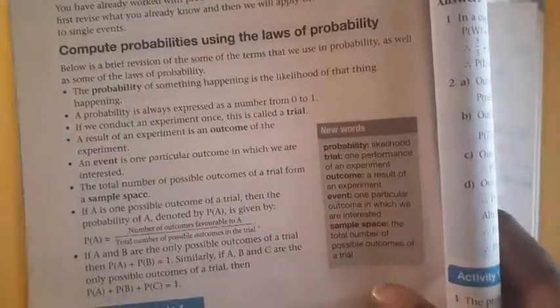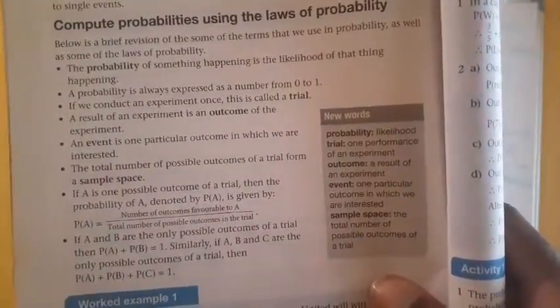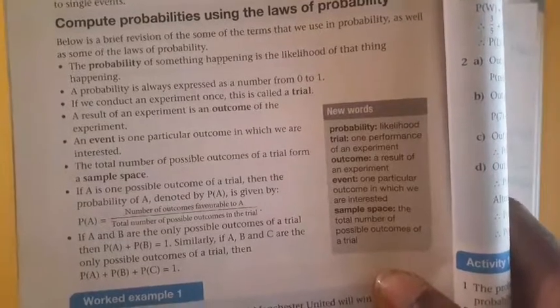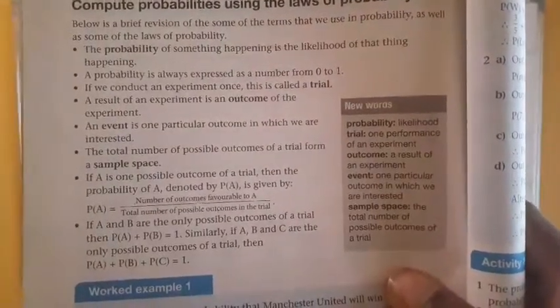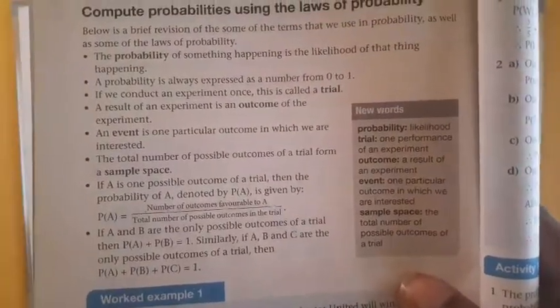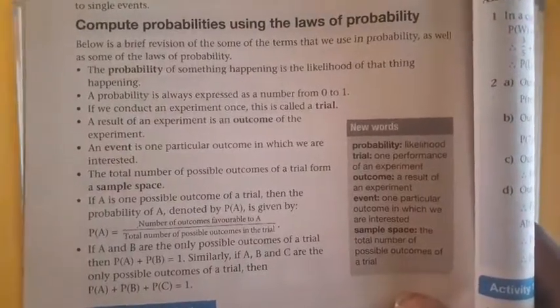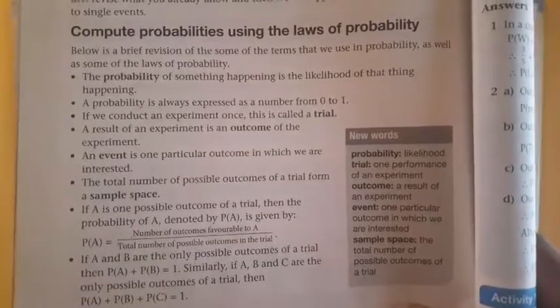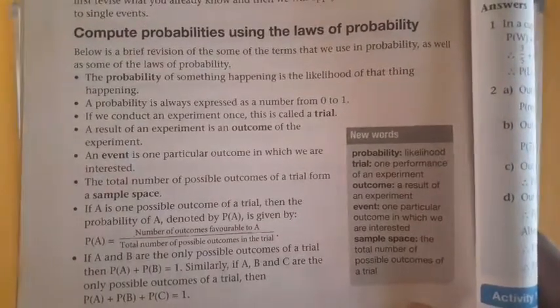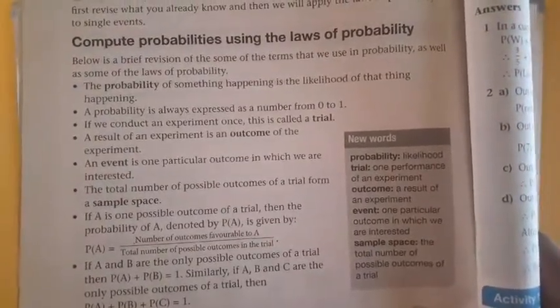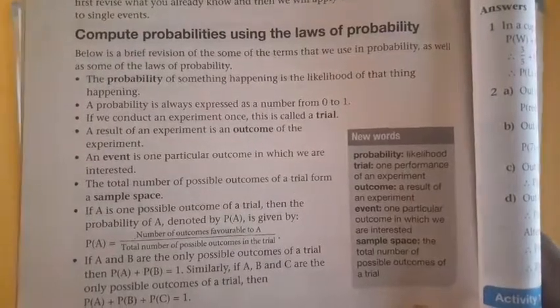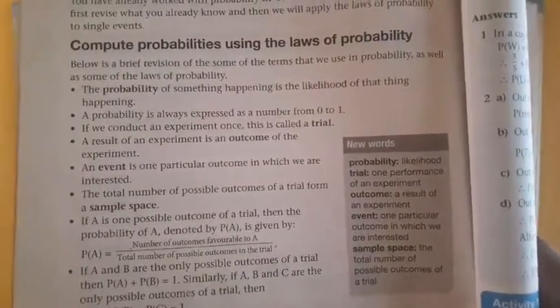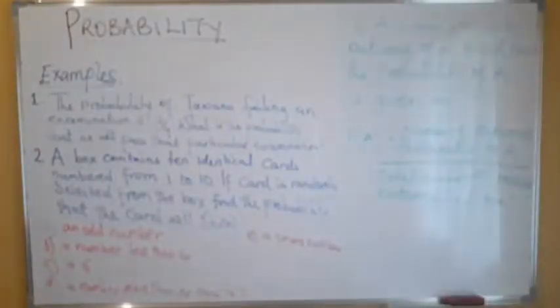The probability of something, you write that up to all these points here up to the last part before the worked examples. Copy them down before you proceed. Please do that. You need to understand these things. The last 2 points are very important, especially those last 2 points. Those are the ones we're going to use in this particular lesson, okay?